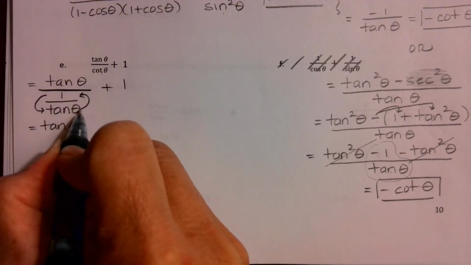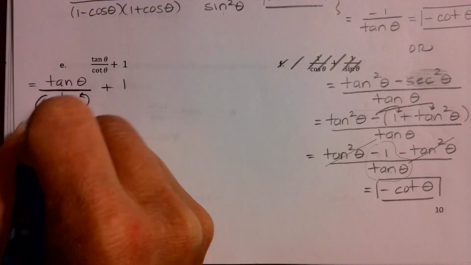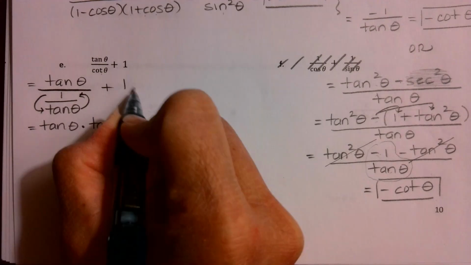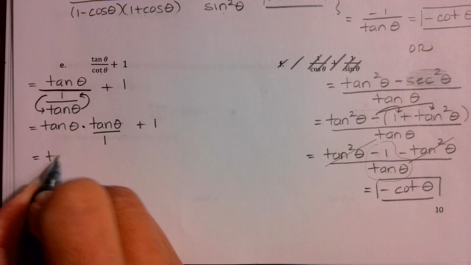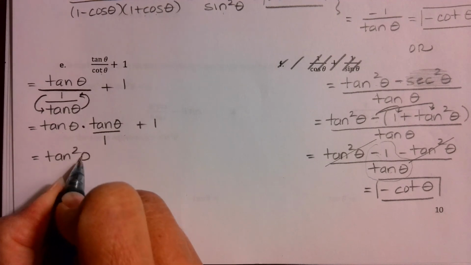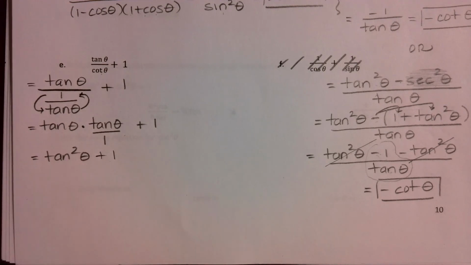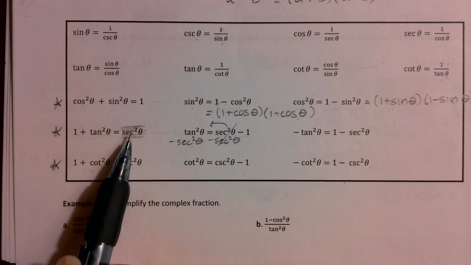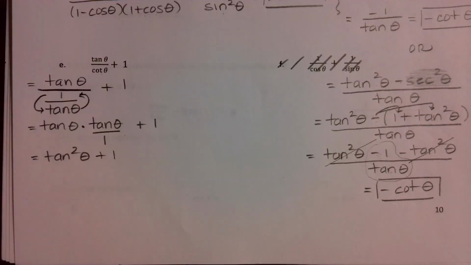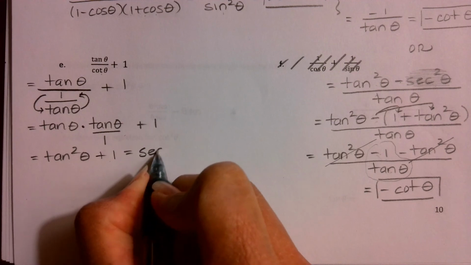When I make the tangent go to the numerator, and I make the 1 go to the denominator, I'm going to bring this down, that ends up multiplying to be tangent squared plus 1. But you guys know that that is a Pythagorean identity of secant squared theta. Secant squared theta.